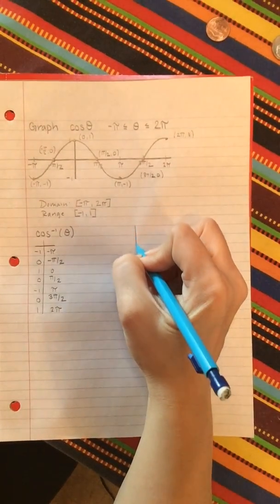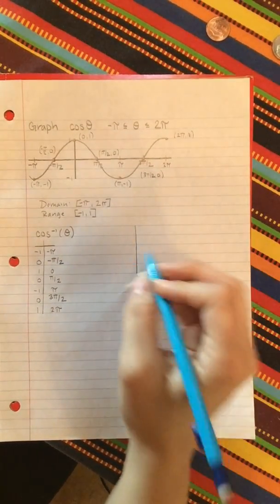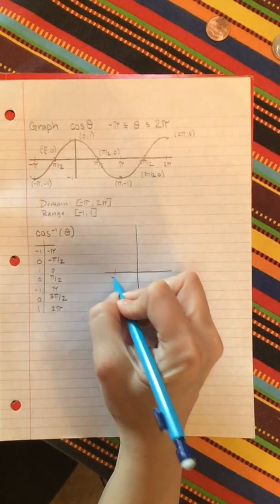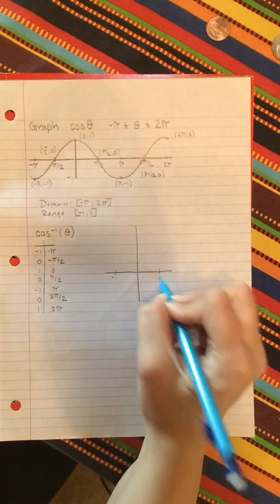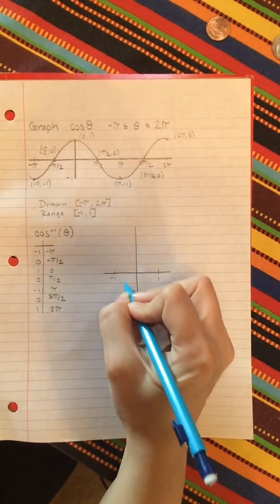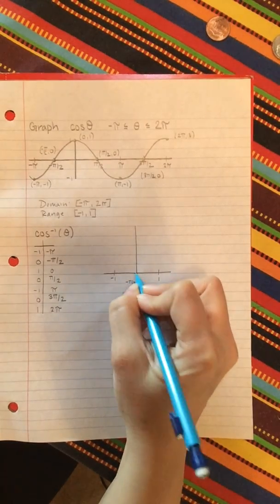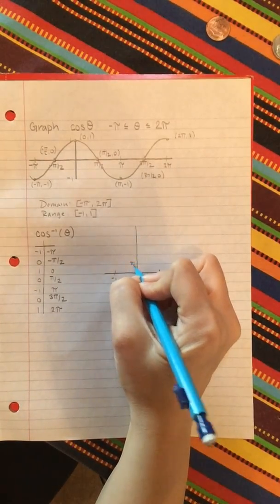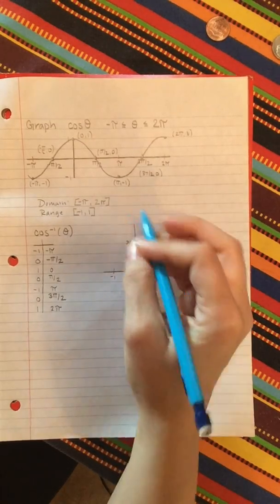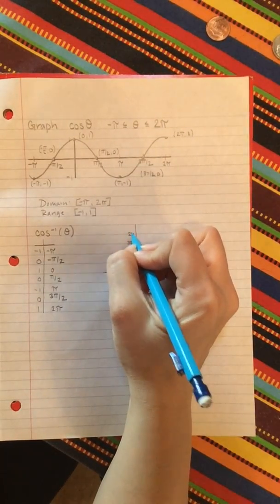So we'll come over here, graphing it. Horizontal axis goes from negative 1 to positive 1. Vertical axis, I need to come down to negative pi over 2, 0, pi over 2, pi, 3 pi over 2, and 2 pi.